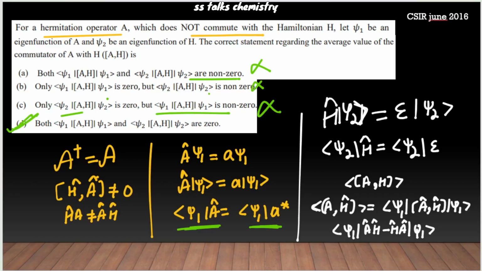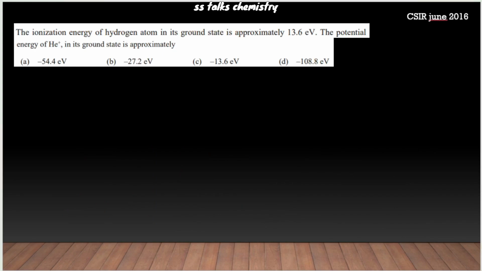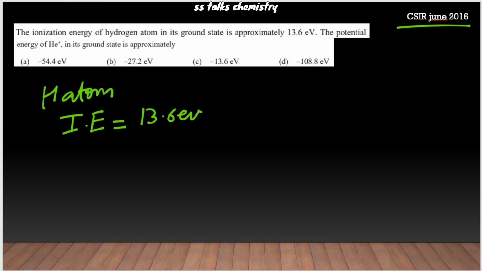Okay, next this question now. So this is again from the CSIR June 2016. It says the ionization energy of the hydrogen atom in its ground state is 13.6 electron volts. So firstly it is for the hydrogen atom. The ionization energy is given 13.6 electron volt.